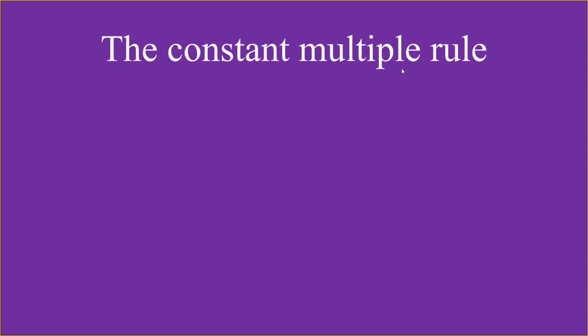Now, what is the constant multiple rule? Sometimes we multiply a constant with our variable. Let's assume I have a variable with some constant, like 7x. The main formula will be d/dx of c times x.